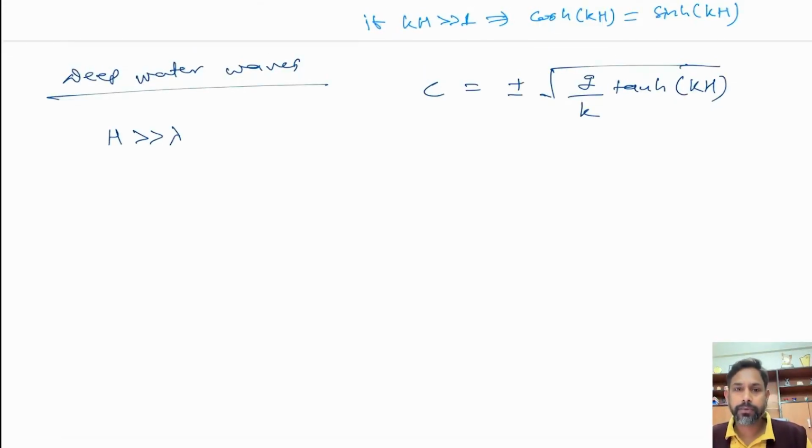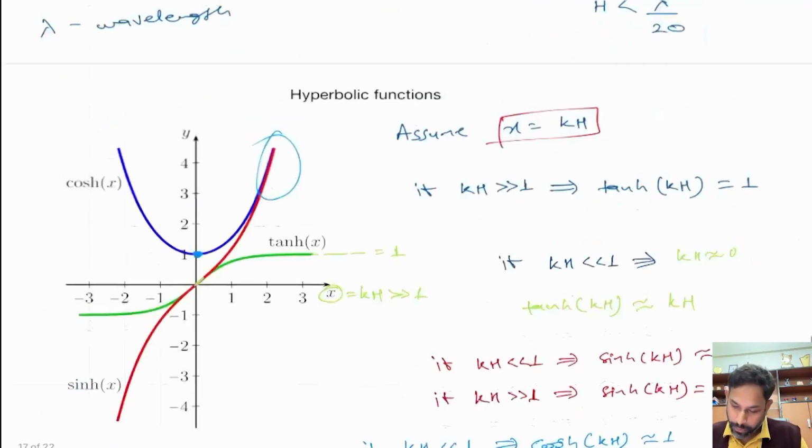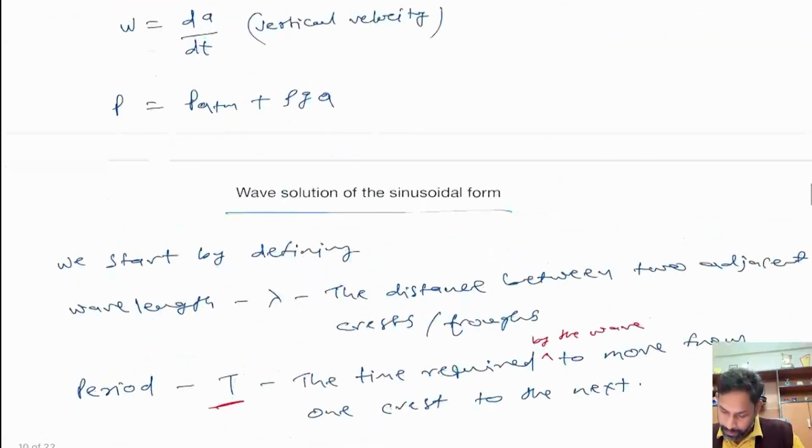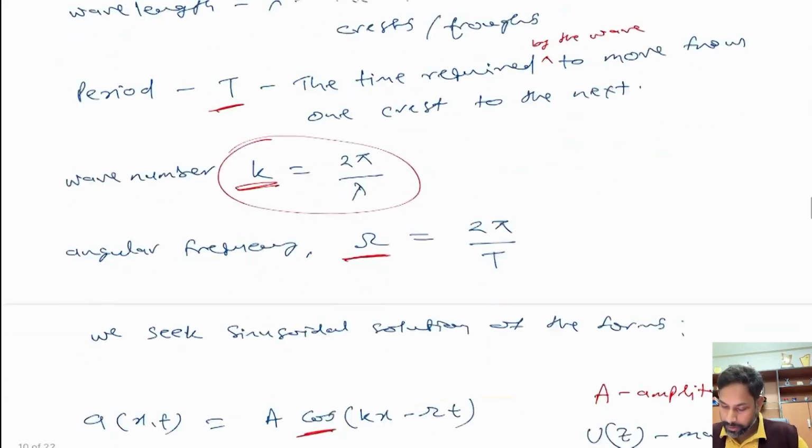That is something already defined, and we also know that lambda is equal to 2 pi over k, right? That is the definition. If you go back to the beginning, you will find out that k is 2 pi by lambda, or lambda is 2 pi by k.